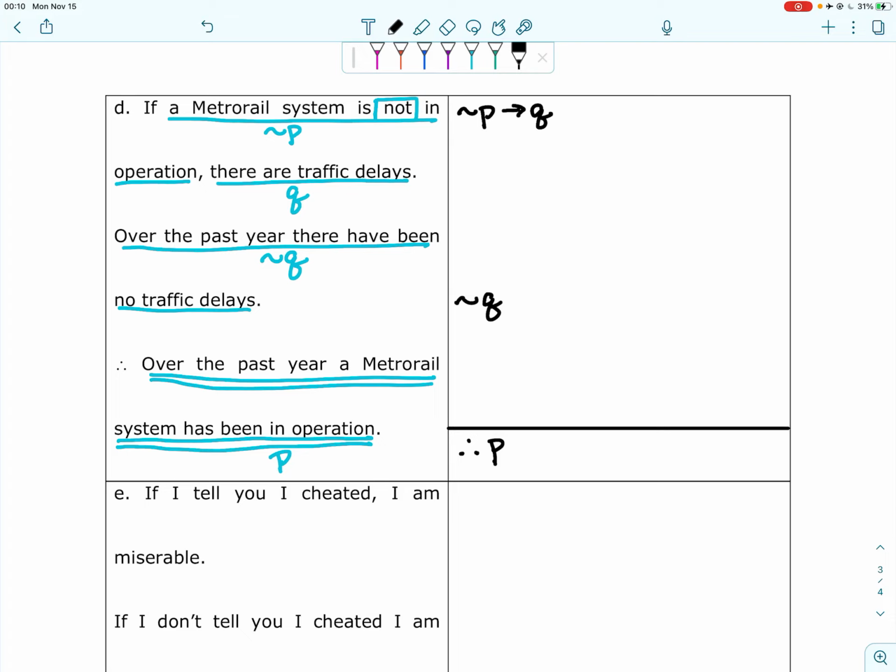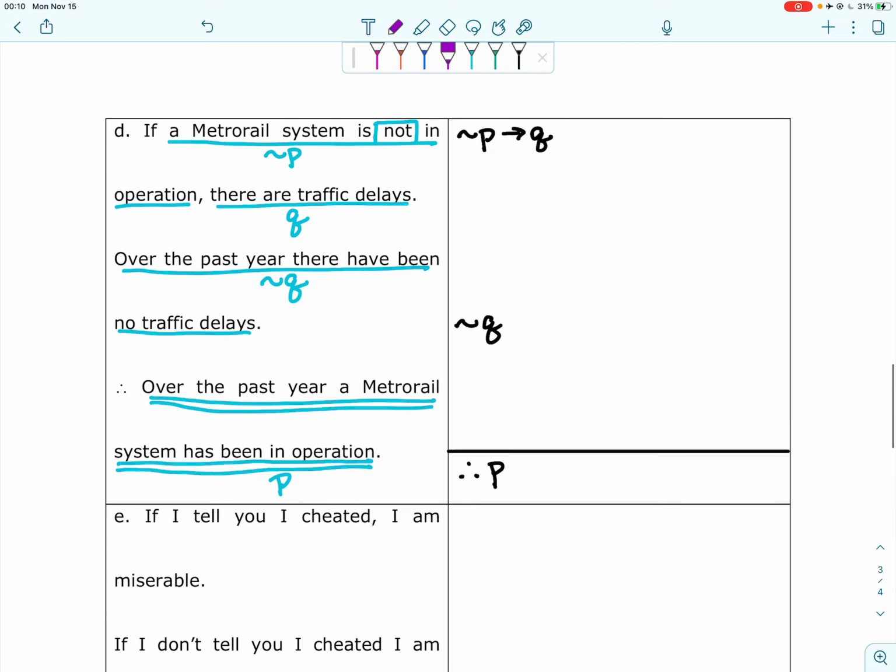And I like to separate it. You do not have to draw this line to separate it, but I really like to because it just helps me to see that that's separate from what I'm doing up here. So we have an if-then statement again. So we need to write out its equivalence.